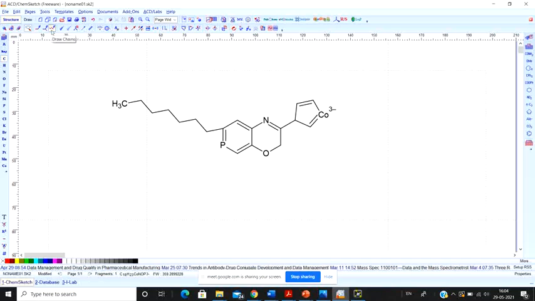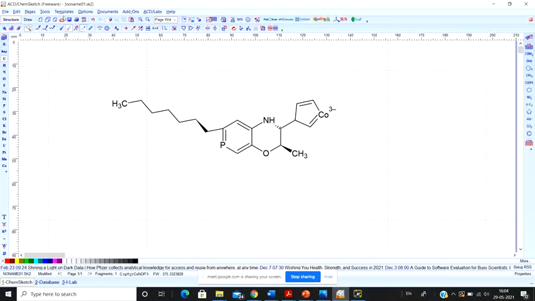See, just after draw chains, there is another option called up stereo bond and down stereo bond. Select that, and if you click anywhere, it is going to add an up stereo bond. You can also use this on the already drawn structure to maintain the down stereo bond or to optimize the stereochemistry. Suppose in this particular case, I have added a down stereo bond to this particular bond.